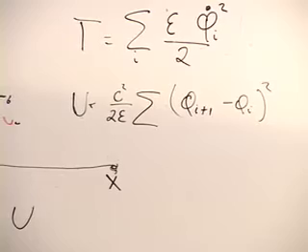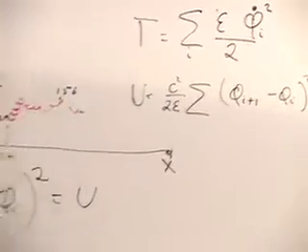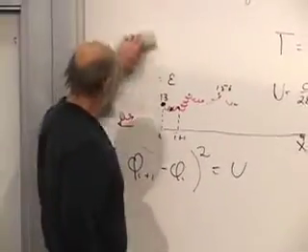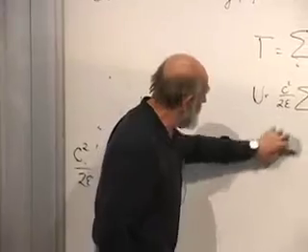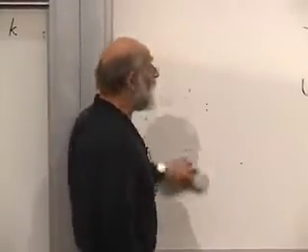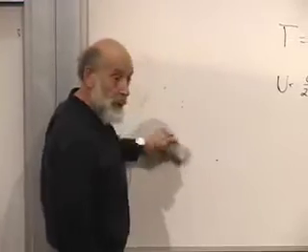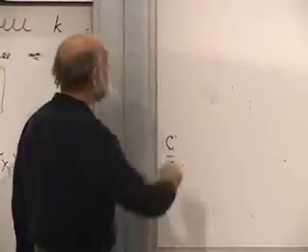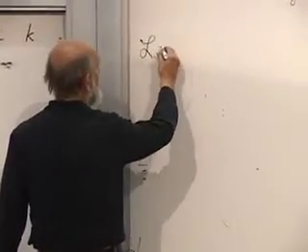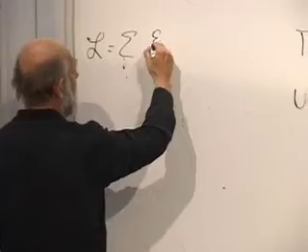Well, now we have everything we need to write down the equations of motion of this system. We have T, we have U, we can write down the Lagrangian. And once we have the Lagrangian, we can apply the Euler-Lagrange equations to each one of the separate phi coordinates. Okay, so the Lagrangian then is the summation over i, epsilon over 2.